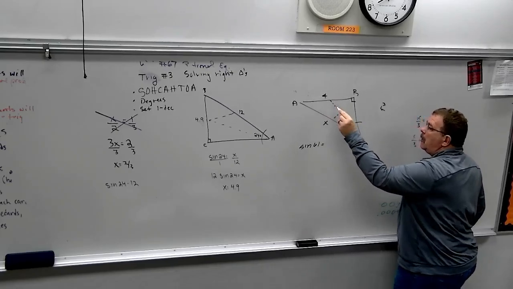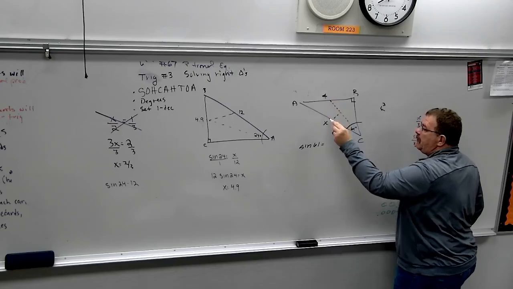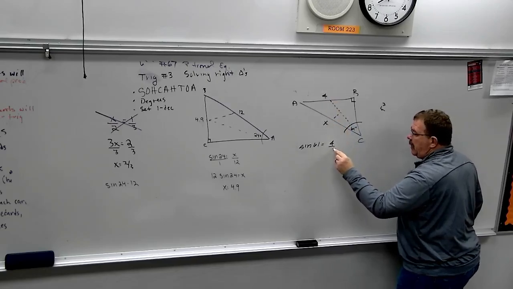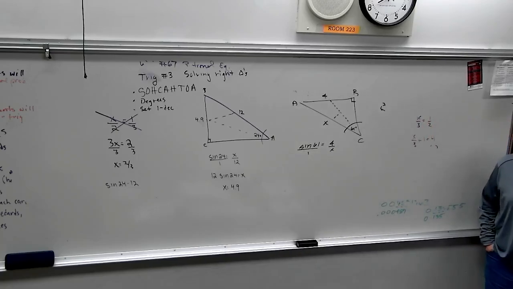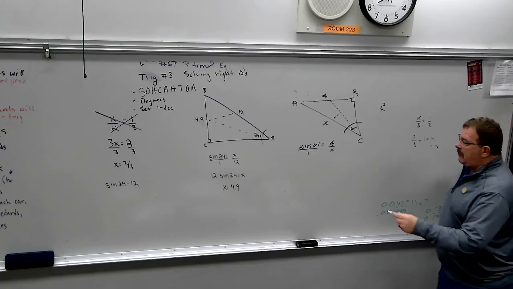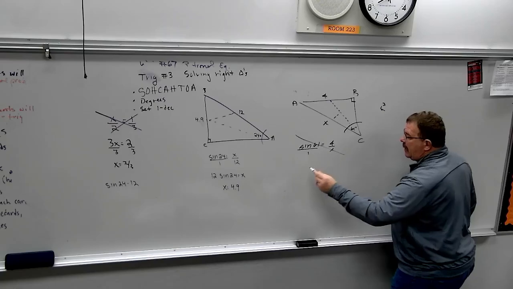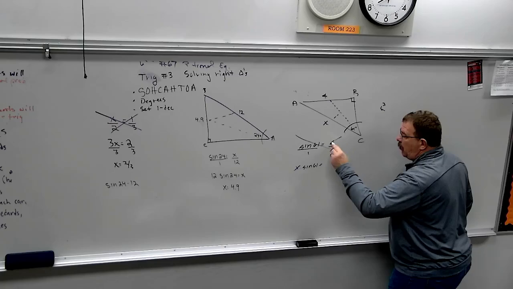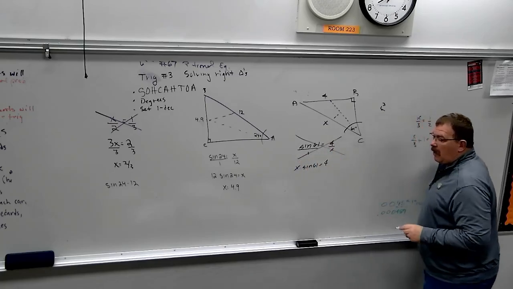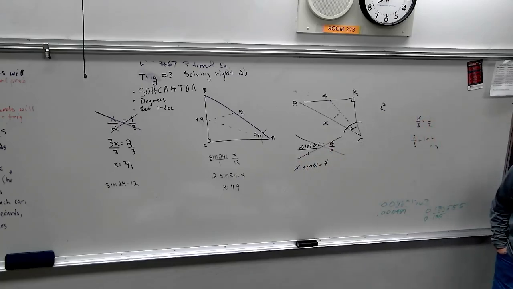It's 4 over x, opposite over hypotenuse. Okay? So again, I'm going to throw a 1 underneath it like that, and I'm going to treat it like a proportion. I'm going to cross multiply. So I'm going to go x times that equals 4 times 1. Well, what would I have to do here to get x by itself?